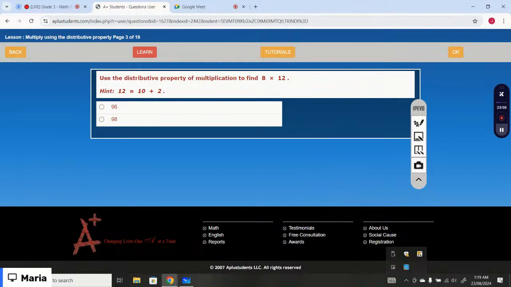You have to replace the 12 with 10 plus 2. So just replace, do the multiplication, write the answer in the chat box. I'm waiting. Let's see who is going to write the answer first.